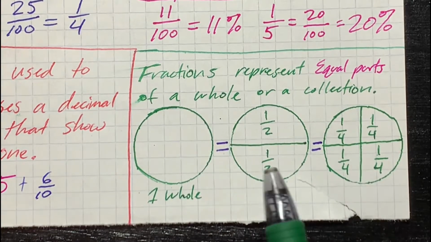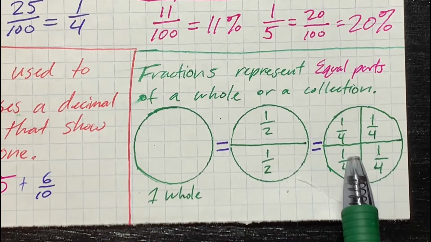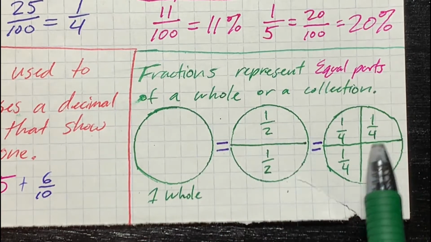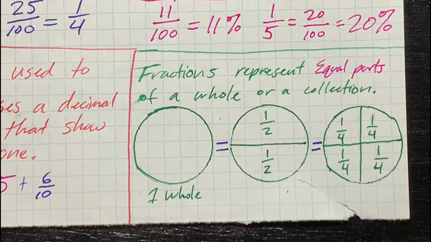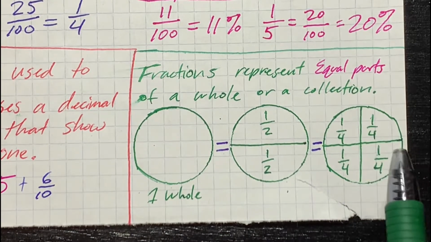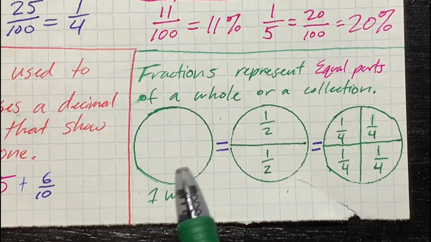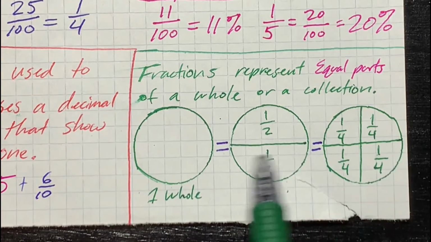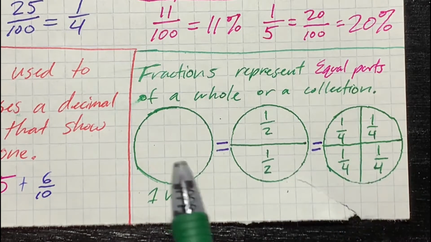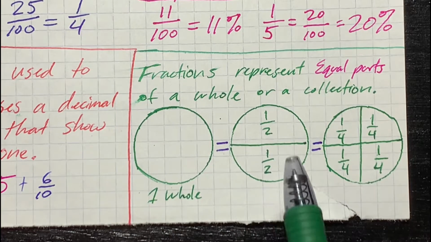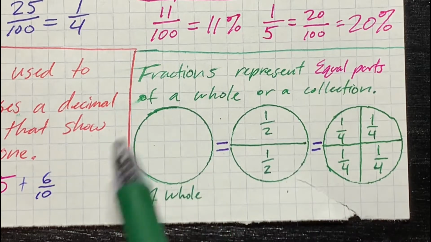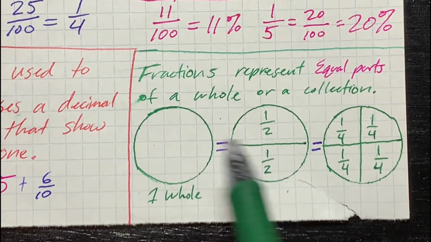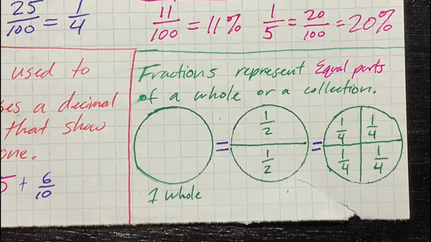But if you break that same pizza into 4 parts, you have 4 slices here, okay? And you can keep going, you can break it down by eighths if you want. But ultimately, these are all equivalent because that pizza is the same size. We're just taking that knife and making more slices here. But ultimately, the value of that pizza is still the same because we haven't taken any slices yet.